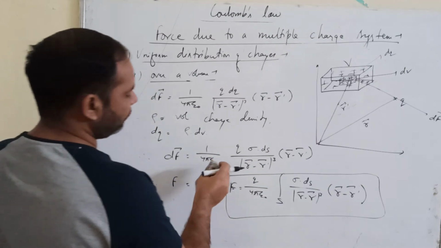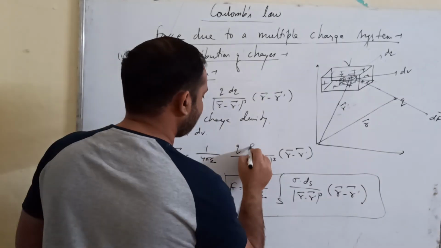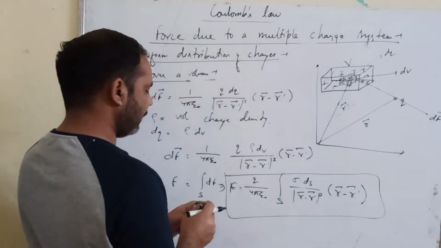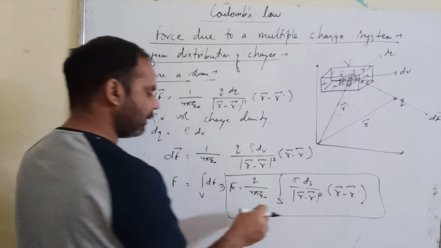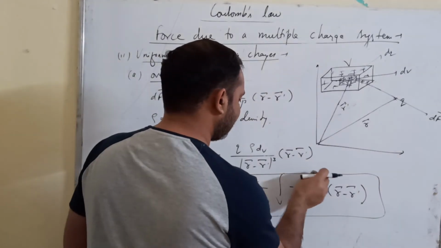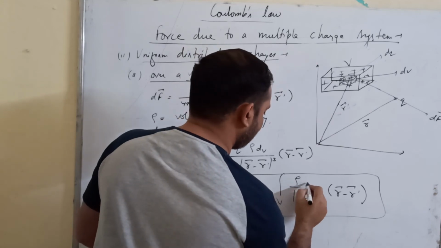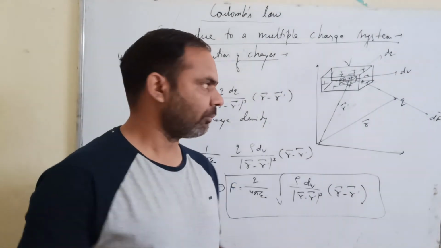Then dF equals 1 upon 4 pi epsilon naught, and here this value will be rho dv, and the net force will be the volume integral. This will be the formula.